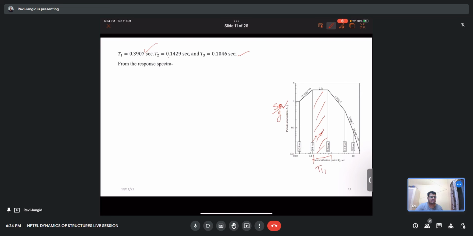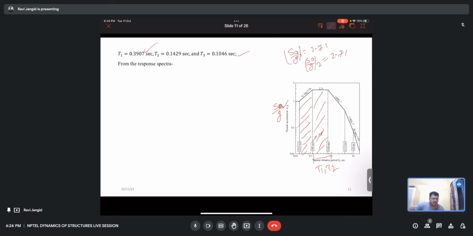So your SA by g 1 is 2.71, SA by g 2 is also 2.71. And T3 is falling in this region, because the time period is 0.1 second. So for below 0.1 second, it is from 0.125 to this one, this range.